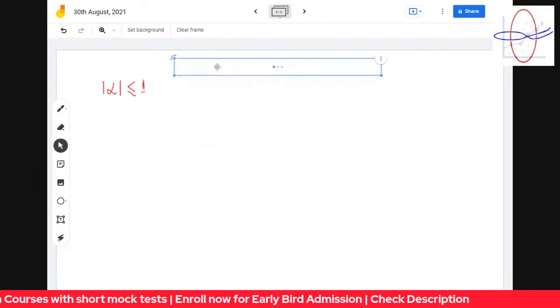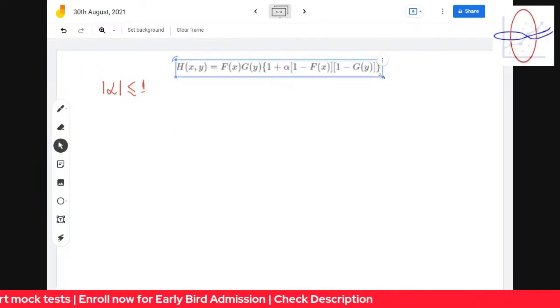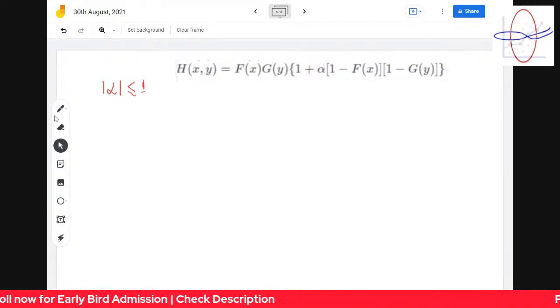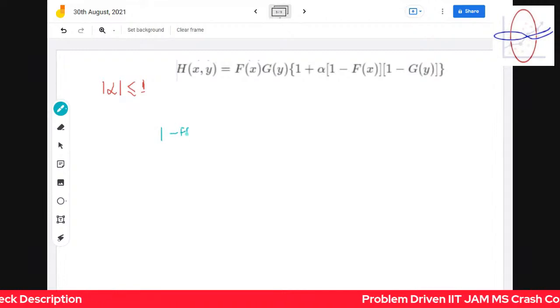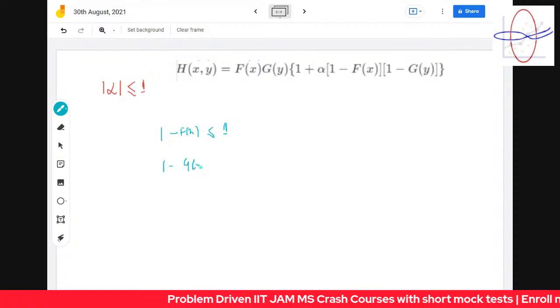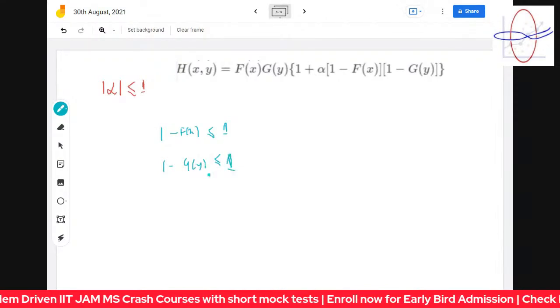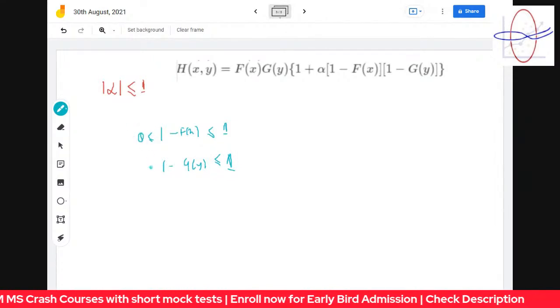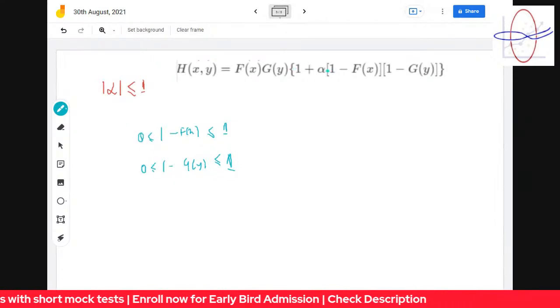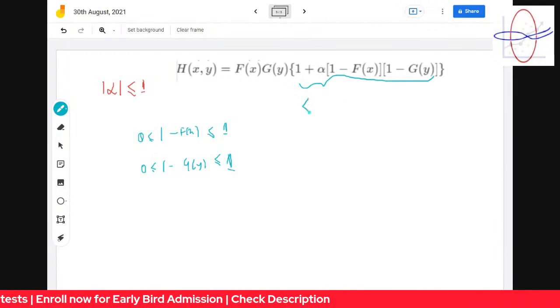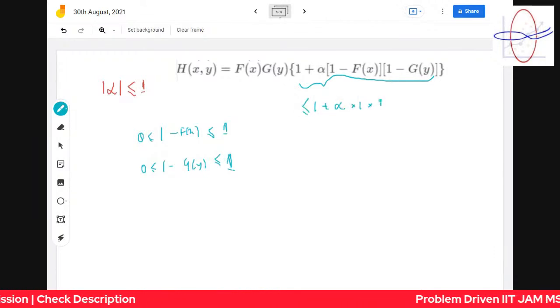What will happen if the alpha condition is not there? Understand that 1 minus fx is less than or equal to 1, and similarly 1 minus gy is less than or equal to 1, and both are positive. So therefore, this one is less than or equal to 1 plus alpha times 1 times 1. This is the inner part, not the outer part.